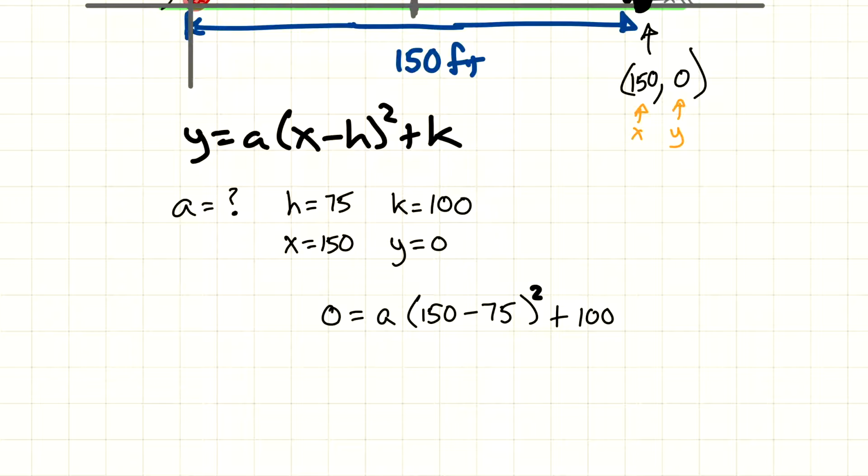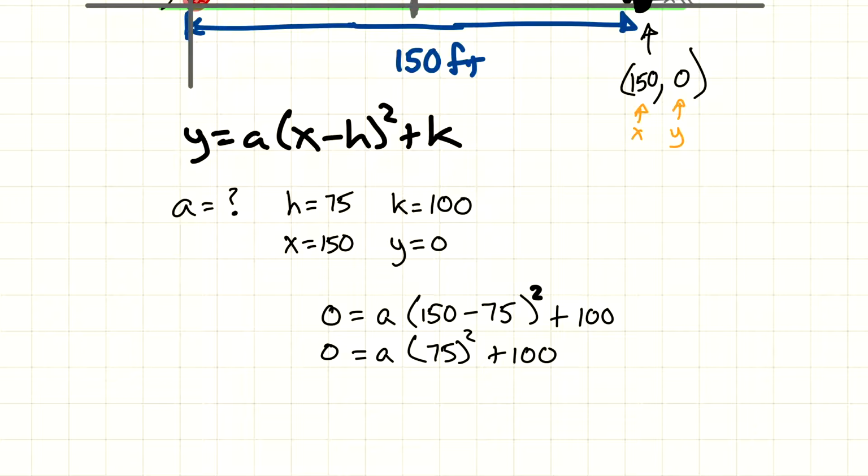All right, so now we're just simplifying it. So this is going to be 0 equals a times, what's 150 minus 75? That's going to be 75 squared plus 100.